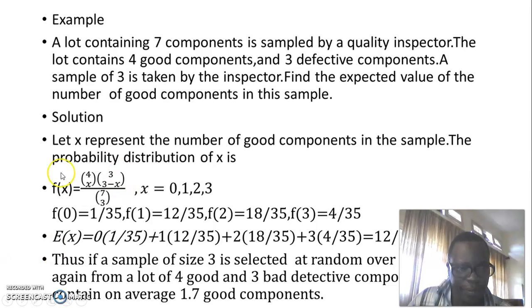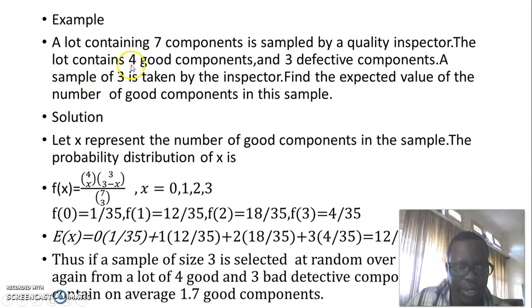Remember, these are the number of ways you can select x from 4, and these are the possible number of ways you can select 3 minus x from 3. And these are the total possible ways you can select 3 components out of 7 components.